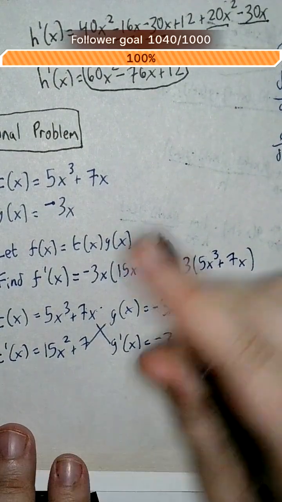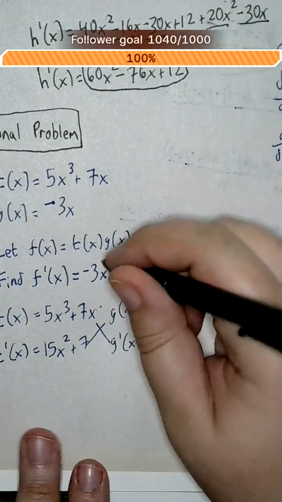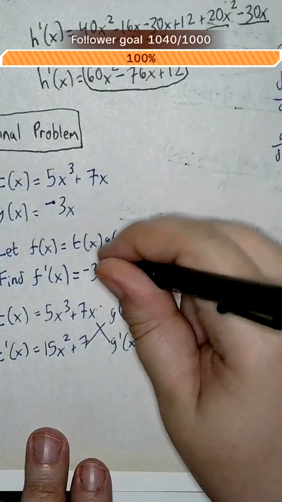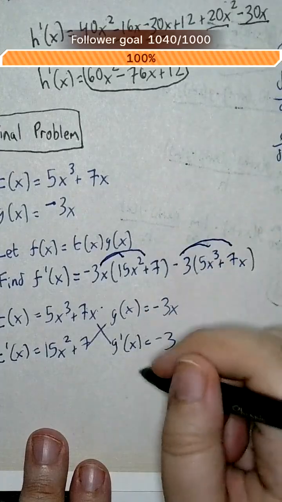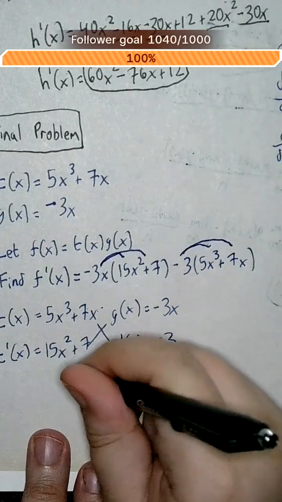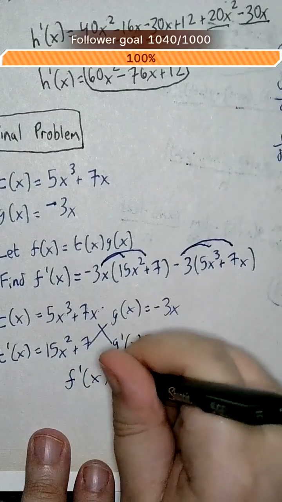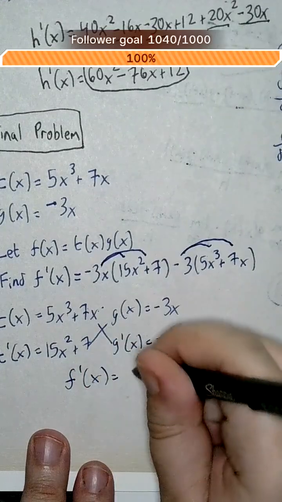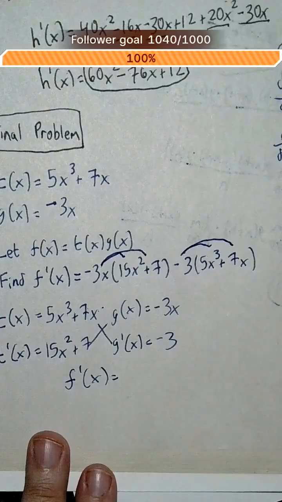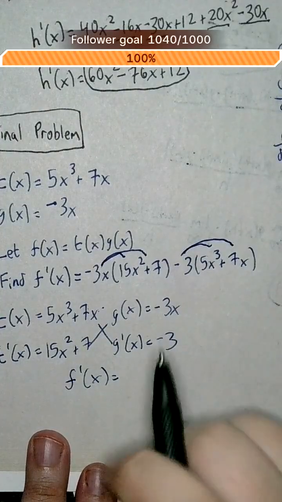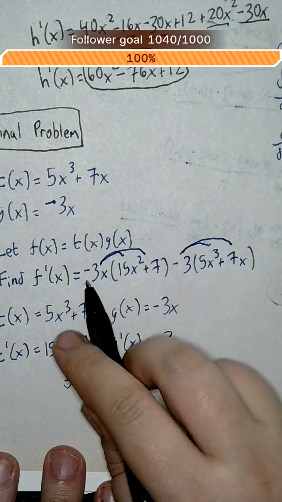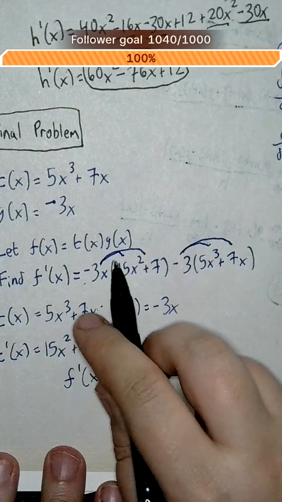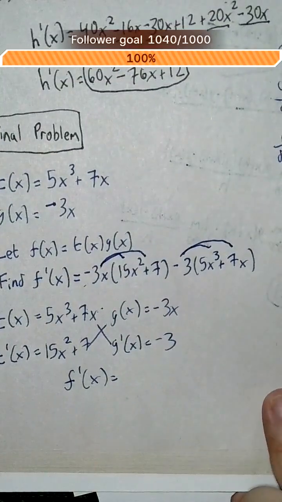So now, let's simplify. I'm going to distribute my negative 3x and my negative 3. So I have f prime of x is equal to, what would be the result of me distributing that negative 3x into those first two terms?